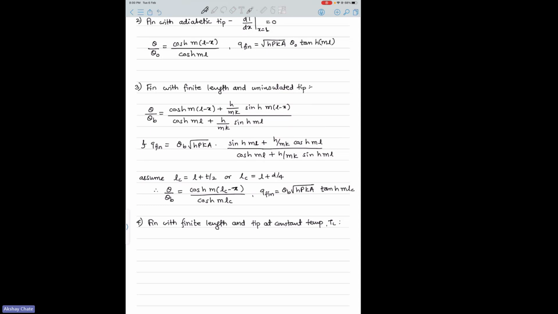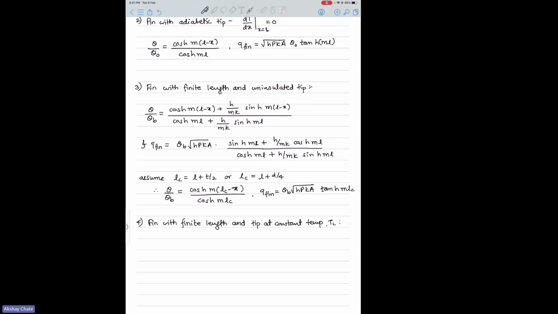There is a big formula for this also. You can find it in some book, but usually it is not asked in any competitive exam, because in practice you don't get to see any tip whose end is at a certain temperature. It may happen if the fin is between a source and a sink. That can also happen, but I think that is a problem for conventional questions.